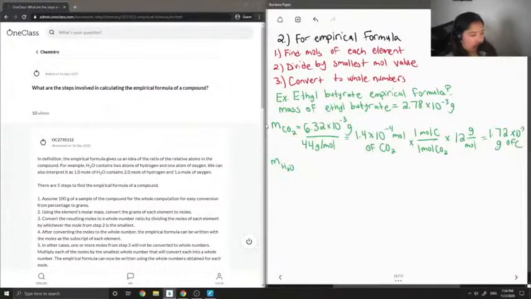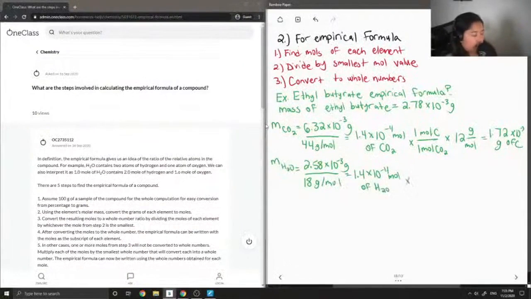So let's do the same thing with the water. Let's say they give you a mass of water that was expelled during the combustion, like 2.58 times 10 to the negative 3 grams. You would divide by water's molar mass, which is 18 grams per mole, to get the number of moles of water, which is also 1.4 times 10 to the negative 4 moles of water.